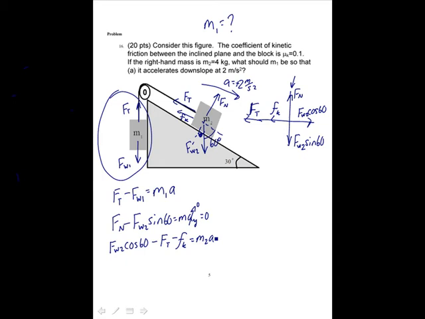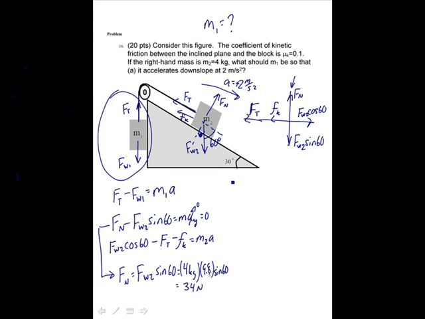I can first solve for the normal force. I'm going to take this equation and solve for the normal force. Fn is equal to Fw2 sine of 60. That's m2, which is 4 kilograms, times 9.8 times sine of 60. And that's equal to 34 newtons.